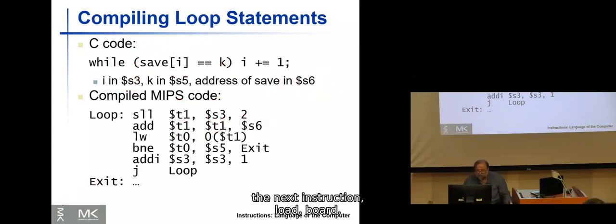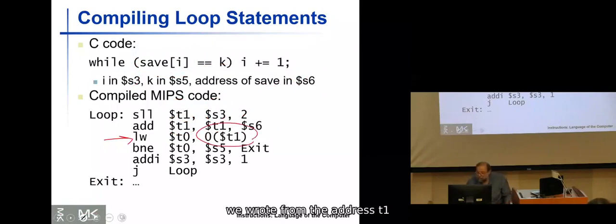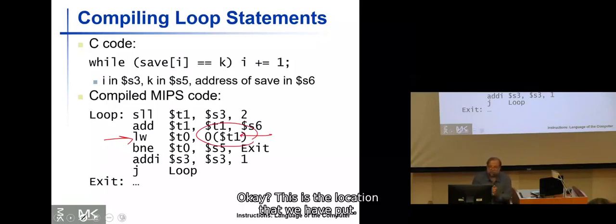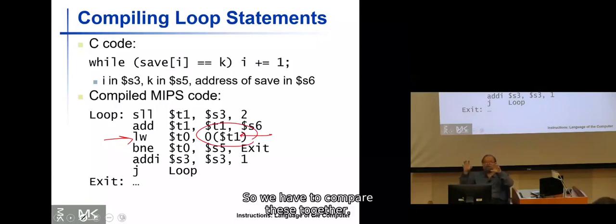Look at the next instruction. Load word, load from the memory. Which address do we load from? We load from the address T1 as a base and offset of 0. This is the location that we have put there. Now we loaded save I, and we have K also in S5, so we have to compare these together.